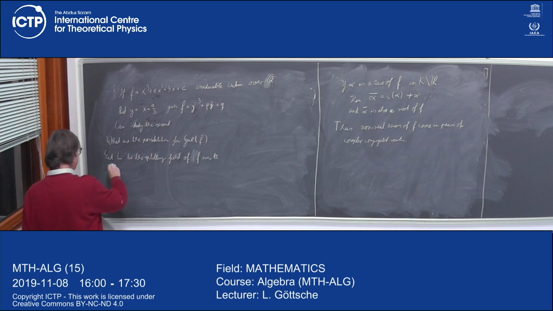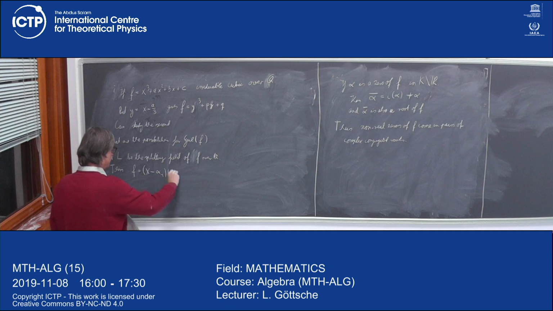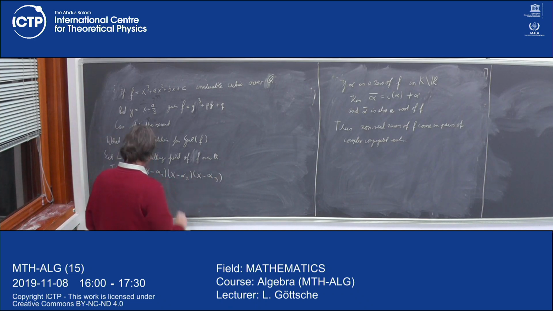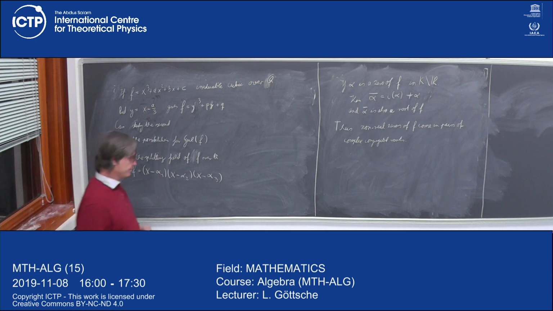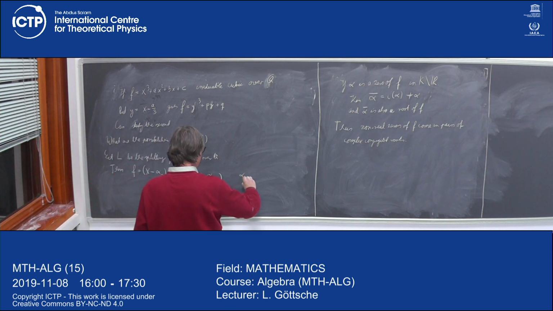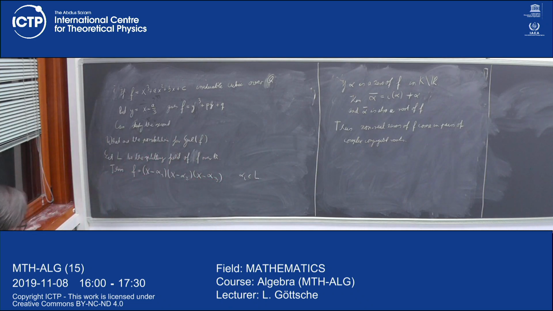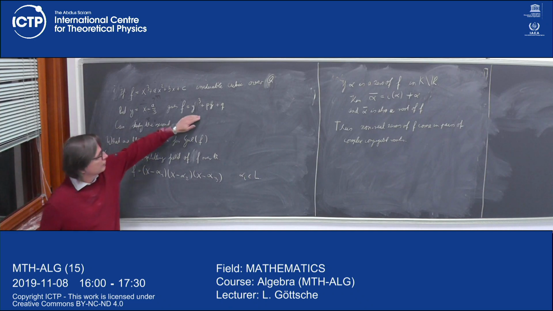Then we can write f equal to x minus alpha 1, times x minus alpha 2, times x minus alpha 3, where the alpha i are the roots of it in the splitting field.